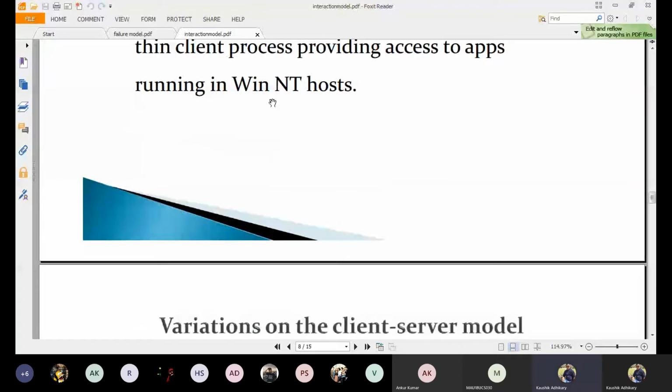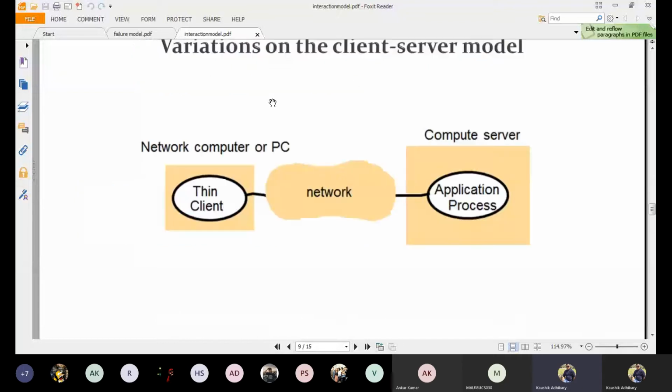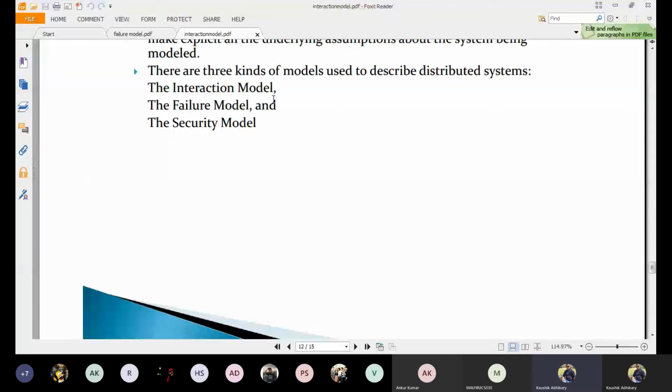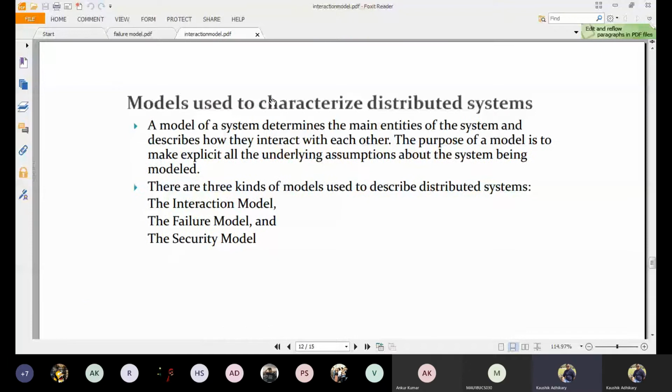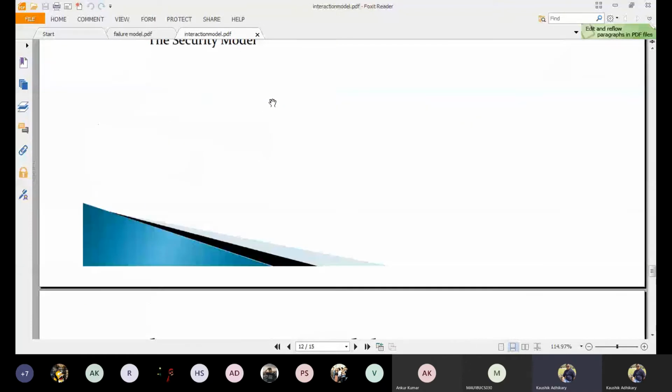In the interaction model, I discussed the factors that we consider when we study how components interact with each other. What are the different factors that affect the performance of a medium, of a network?